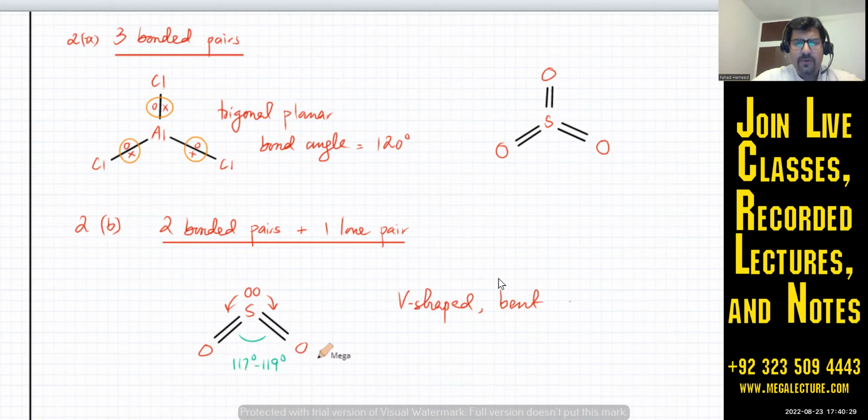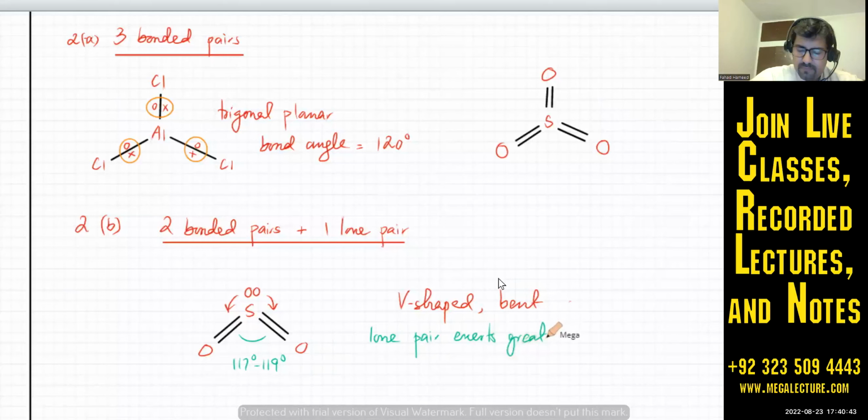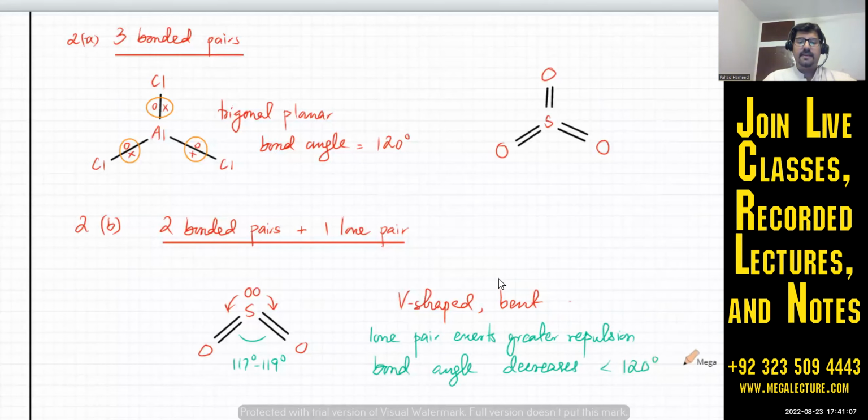So instead of exactly being 120, it's now going to be slightly lesser. So lone pair exerts greater repulsion, and that's why the bond angle decreases, or becomes less than 120 degrees. ठीक है? Is that clear?